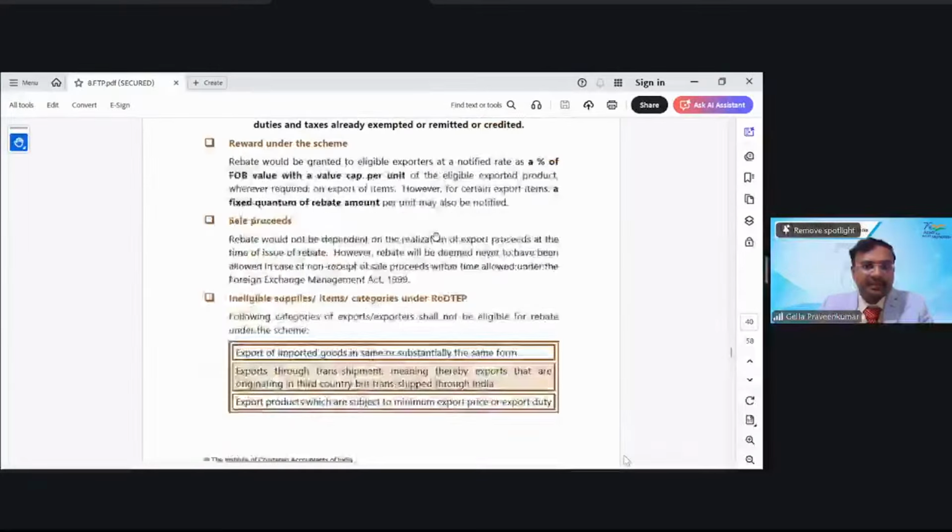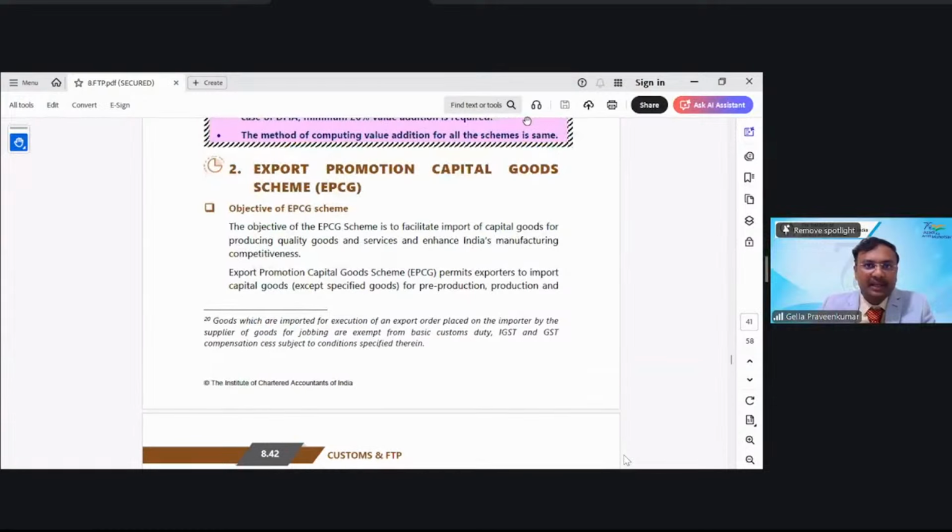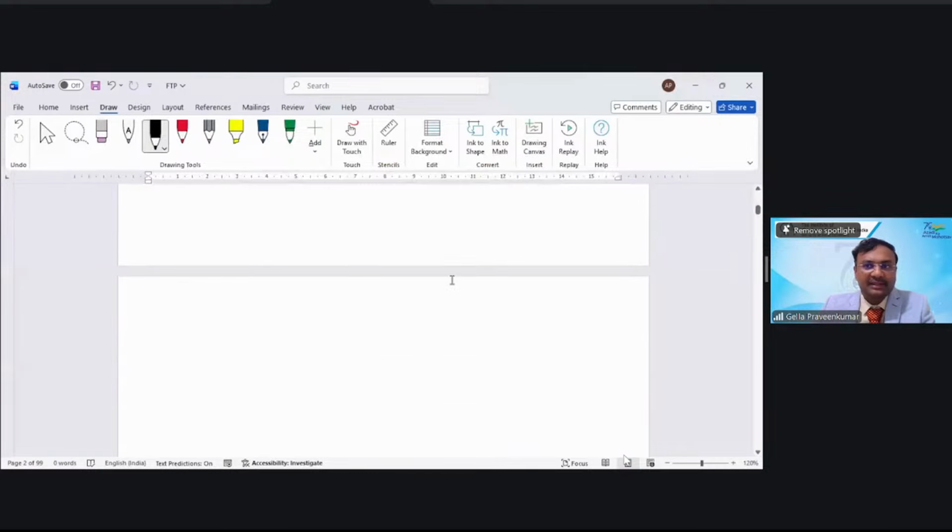Next, from here, we move on to the next topic called EPCG. One of my favorite topics, and I don't know how many of you have given a chartered accountant certificate. This EPCG is one fantastic area.